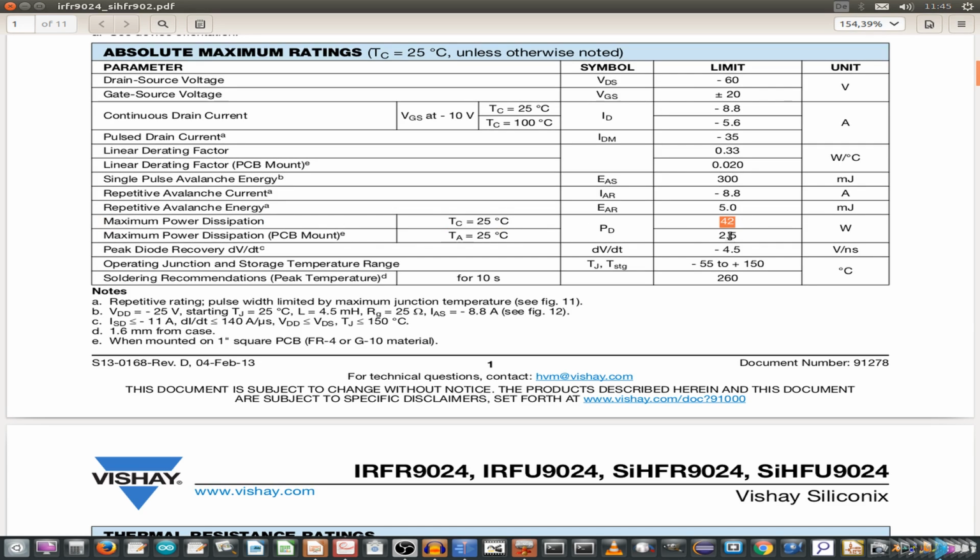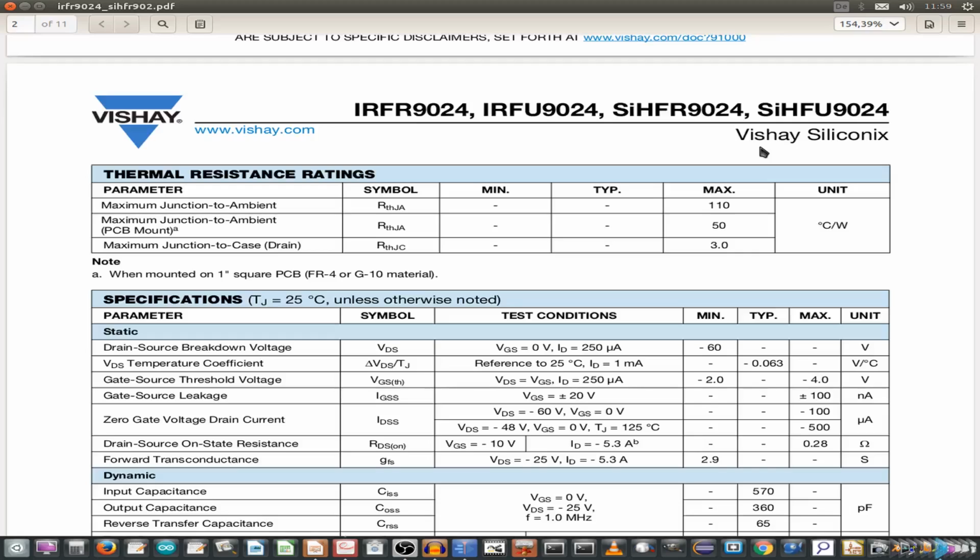And then we also need the R theta junction to ambient thermal resistance, and we get some values: in air about 110 degrees per watt, and in PCB mount a value of about 50 degrees per watt.